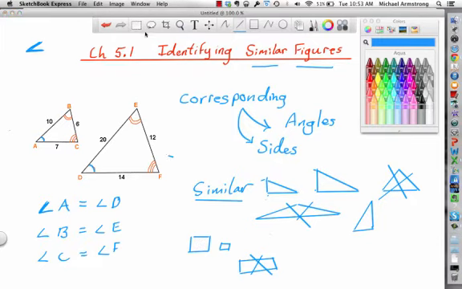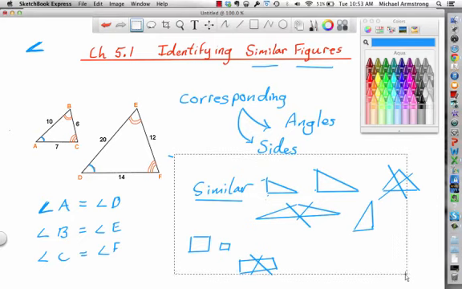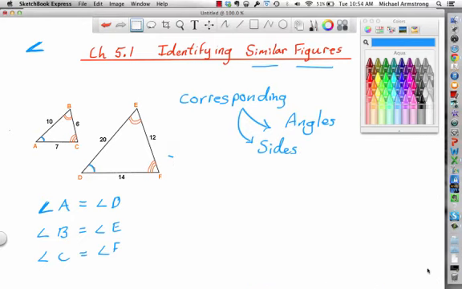Alright, so I am going to delete this, and we'll try again naming our corresponding angles and sides. It's going to ask you to name corresponding angles.